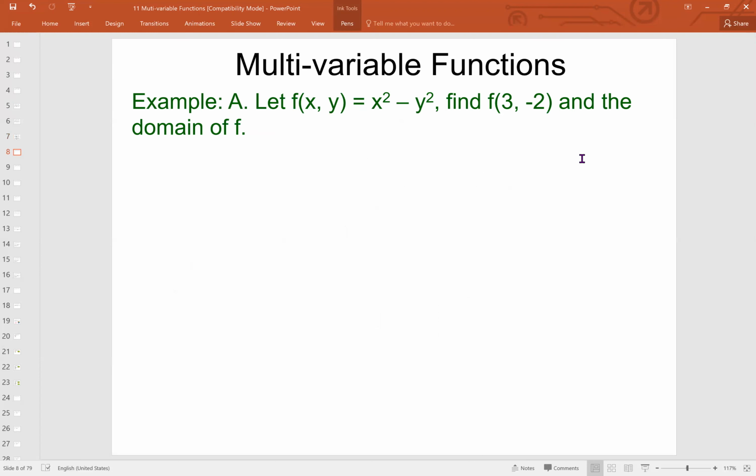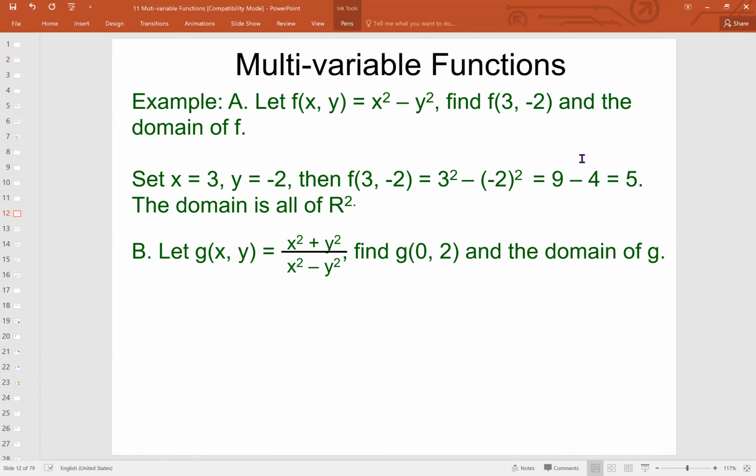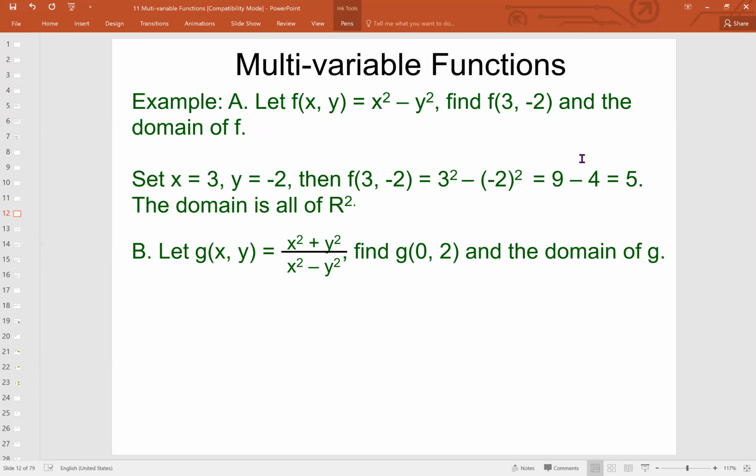So here is a formula in two variables, and we can evaluate and ask what's the domain, what are the restrictions on x and y. Example A has no restriction. However, example B has a restriction.